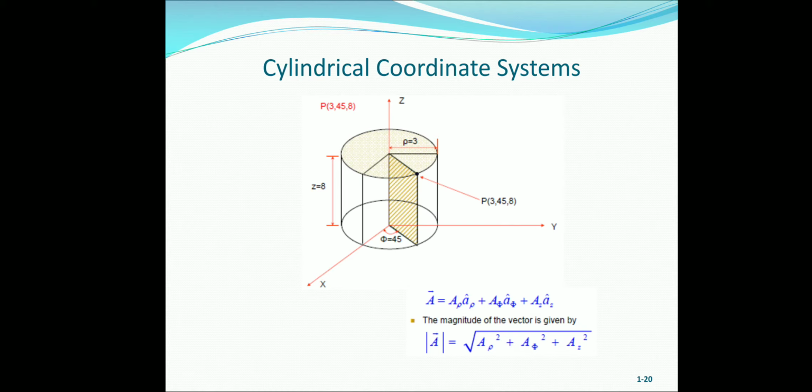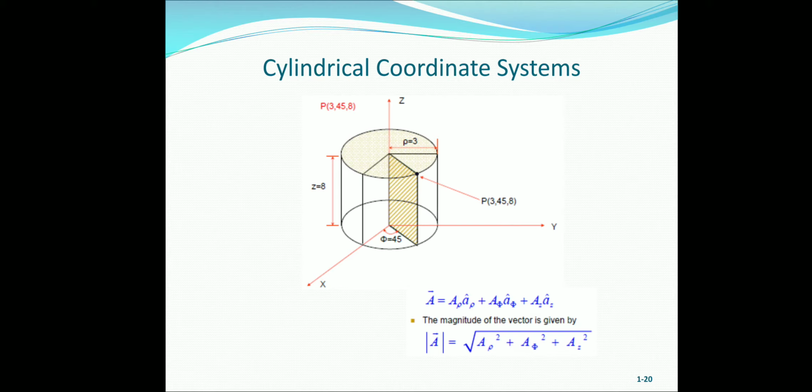A vector in this cylindrical coordinate system is represented as vector A equal to A rho a rho cap plus A phi a phi cap plus A z a z cap, where a rho cap, a phi cap and a z cap are the unit vectors along the rho, phi and z directions.